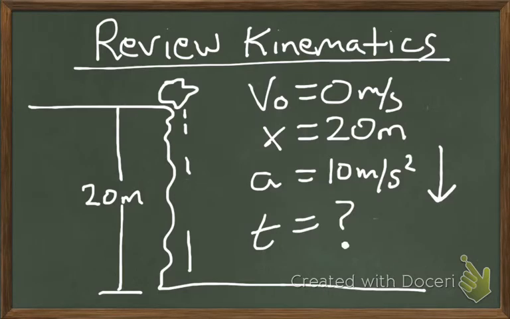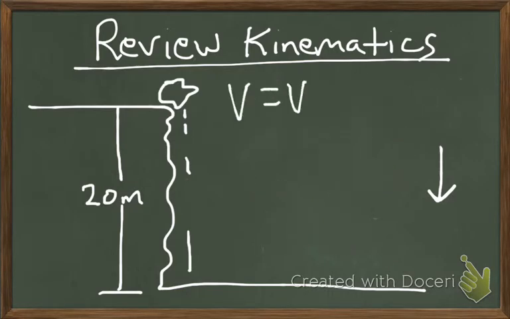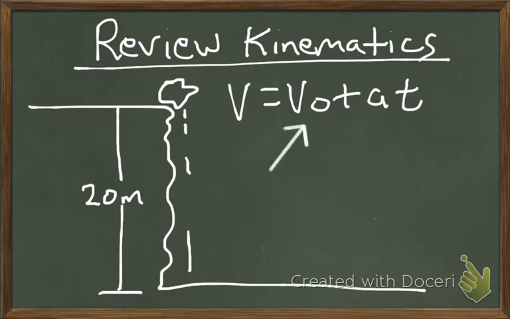So now we need to look at our 3 equations that we use a whole lot and decide which one we can actually use that will help us. So let me erase this. So here's one. We have our final velocity. Final velocity equals initial velocity plus acceleration times time.